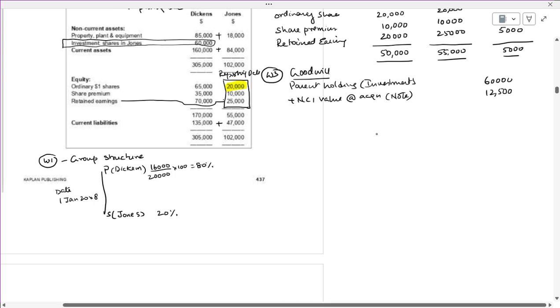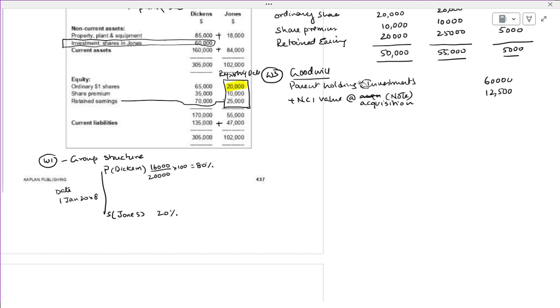If you do 100 problems, the steps will not change at all. Plus NCI value at acquisition. I will write it at acquisition. We can write it like this also.